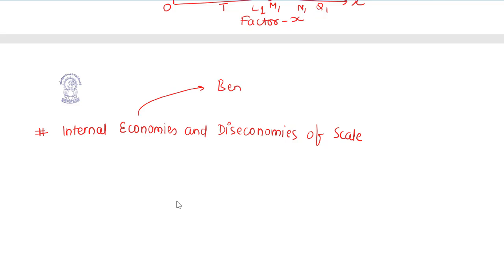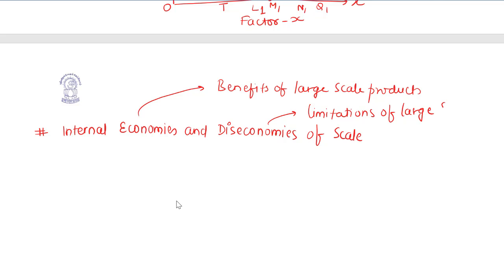Over here, economies means benefits of large scale production, and diseconomies means limitations of large scale production. Understood? Limitations of large scale production.